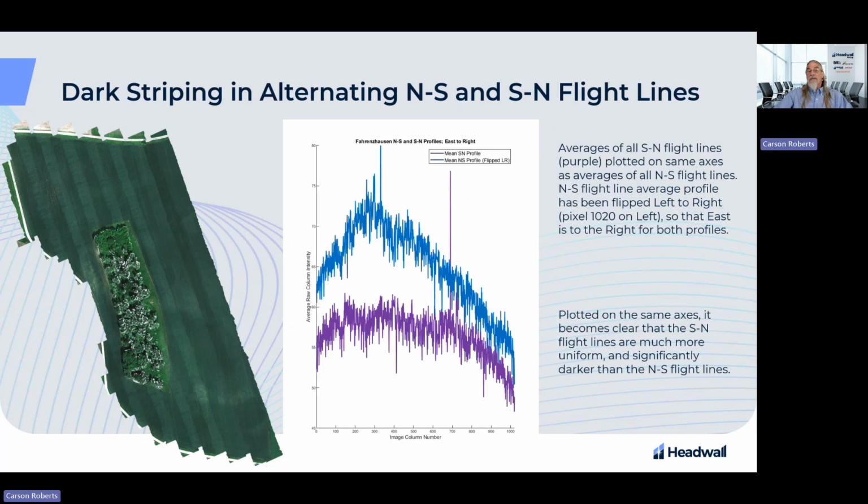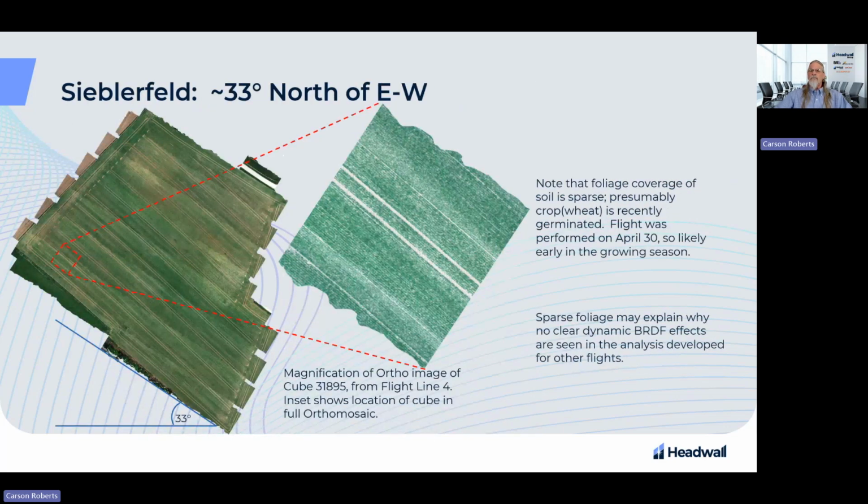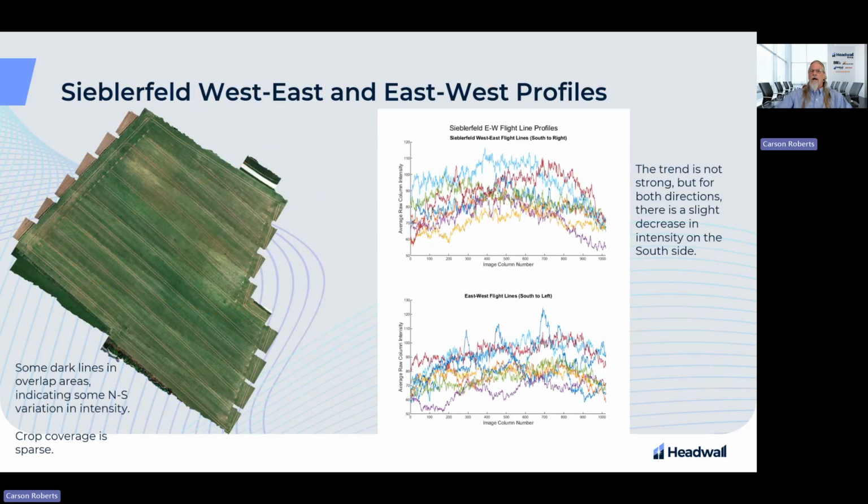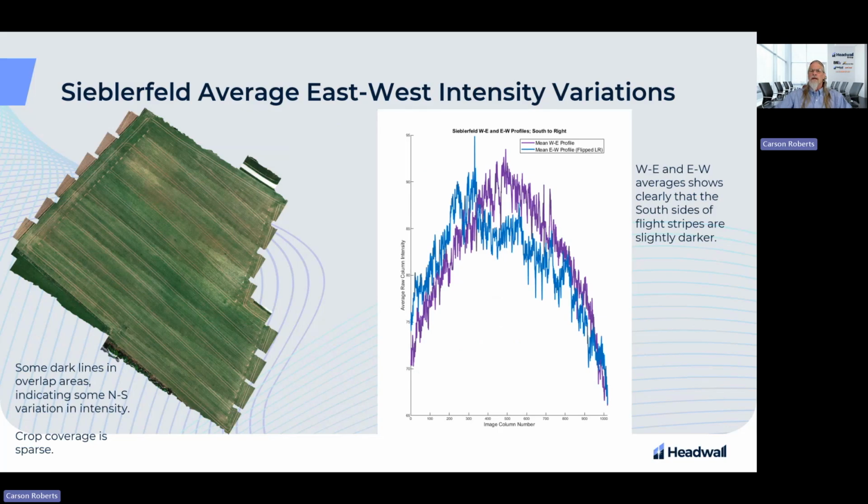And what we see here is for the south-north profile, they both seem to be a little bit darker, but again, this north-south is brighter. And so that's probably what's going to dominate the striping there. For this last one, not much coverage. There's no real clear trends, and maybe a little bit slightly darker going towards the south.